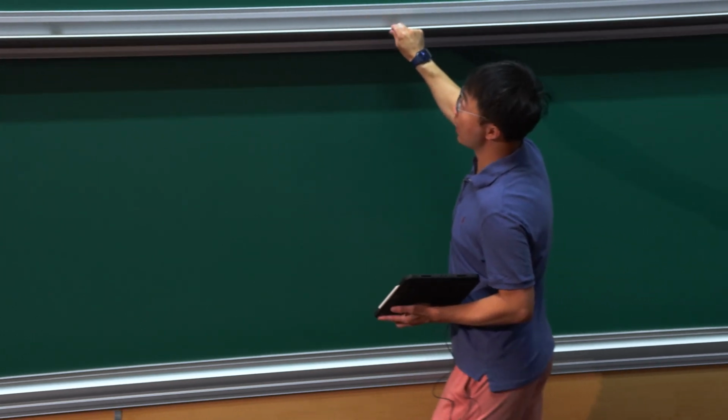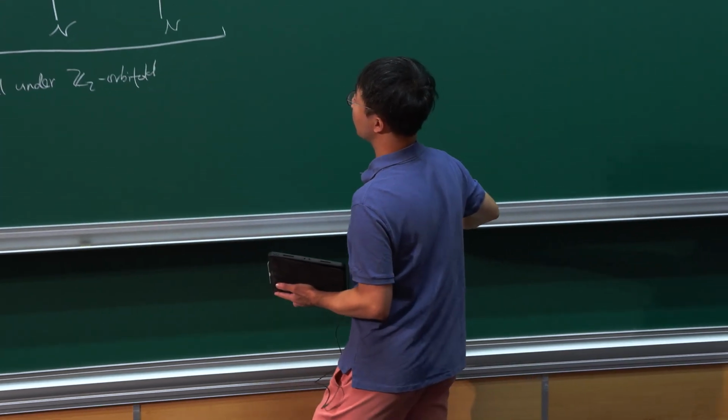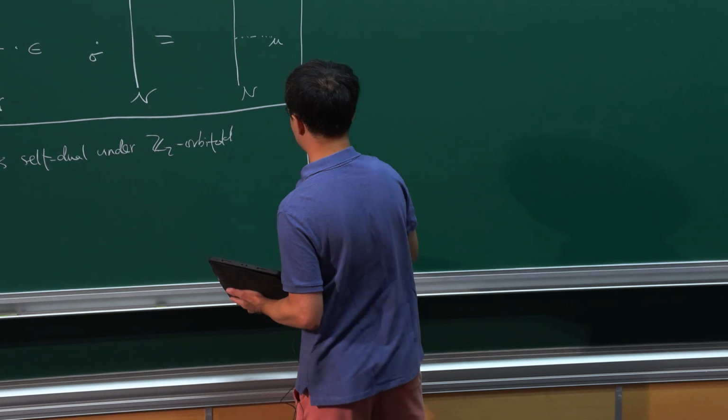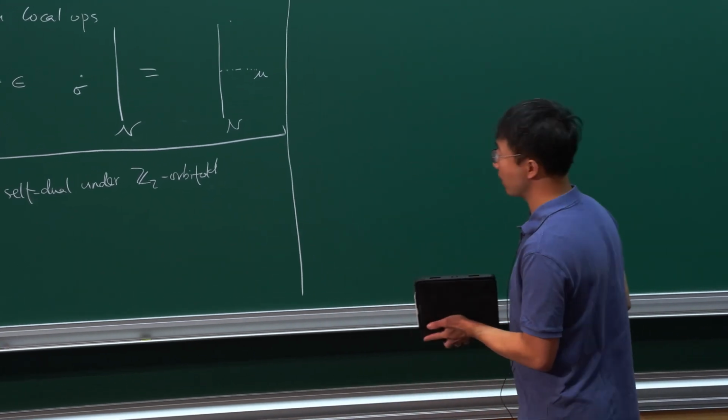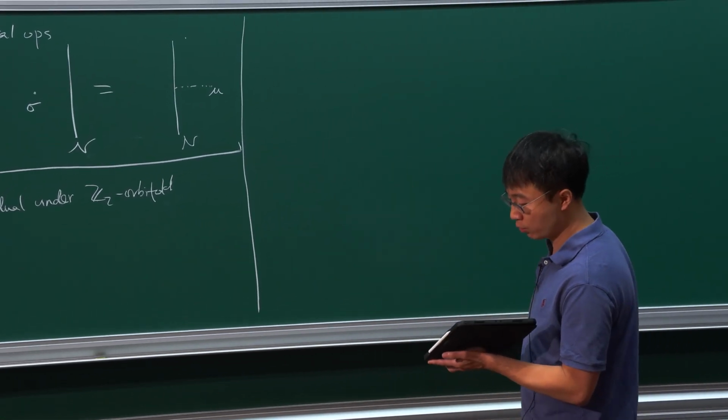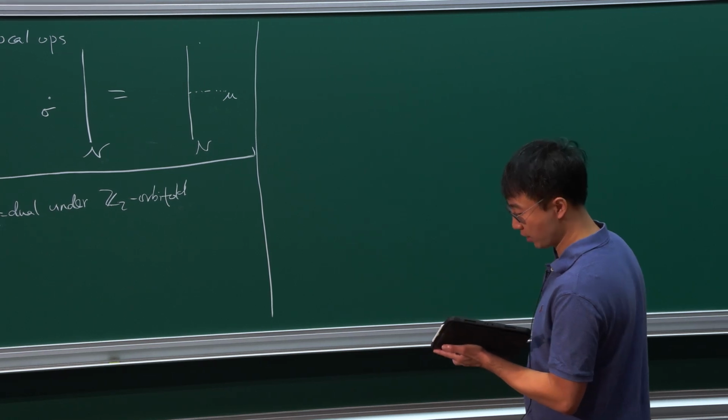Let's now talk about dynamical consequences. So we'll first be slightly more general, and then we'll come back to the Ising symmetry to make a specific prediction.